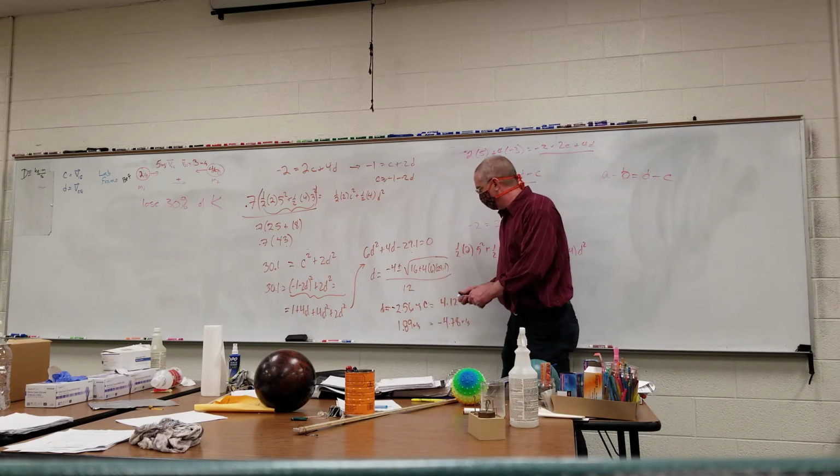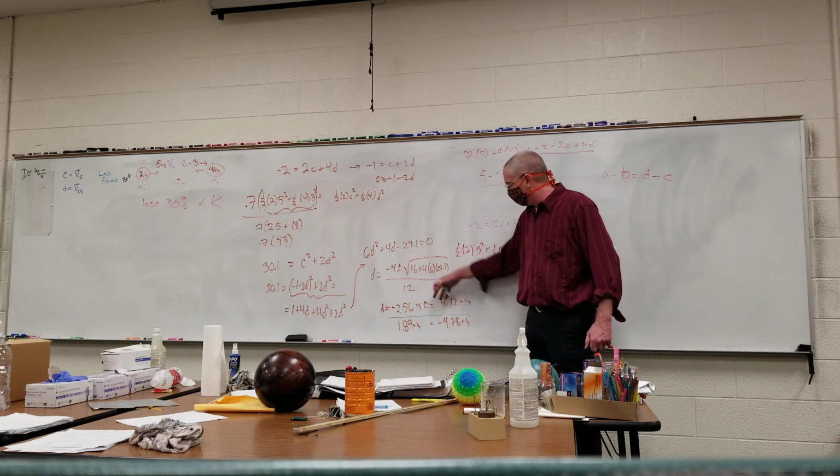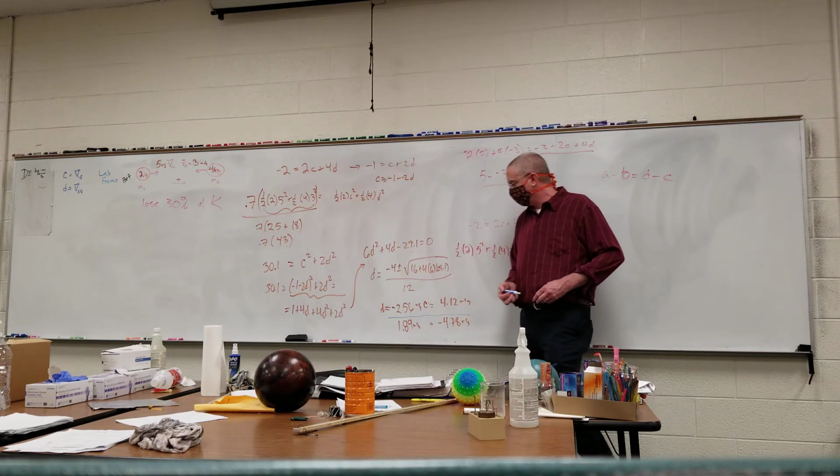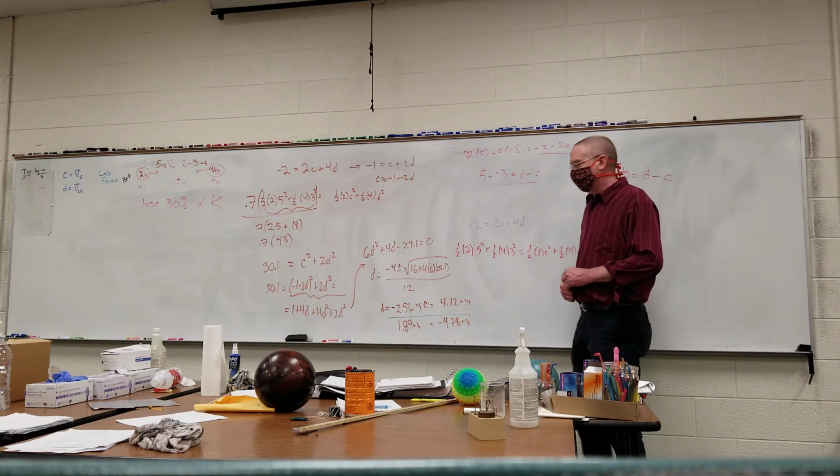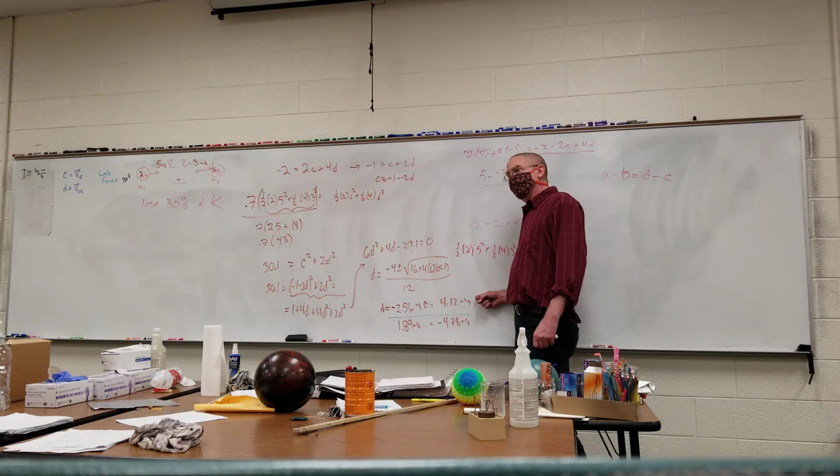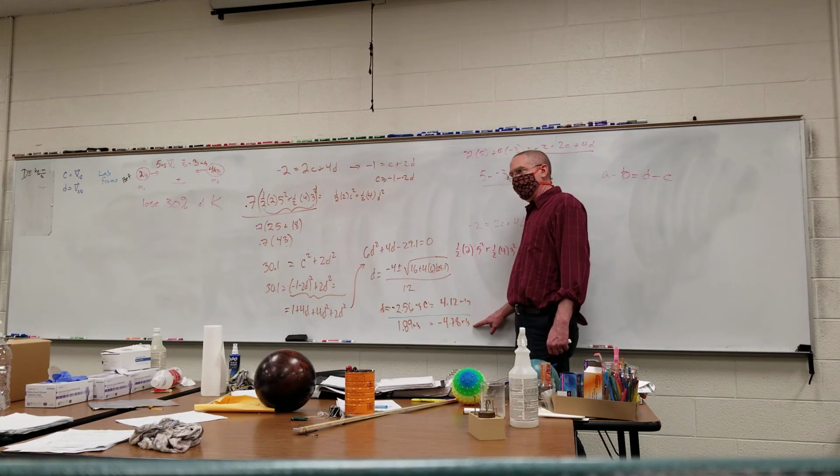So it's those two or those two. The negative and then the positive? No, it would be the negative 2.56. That goes with this solution up here. You think it's this one? Why this one?